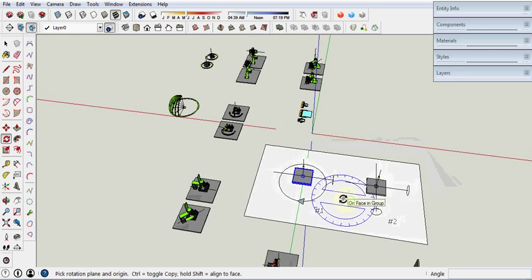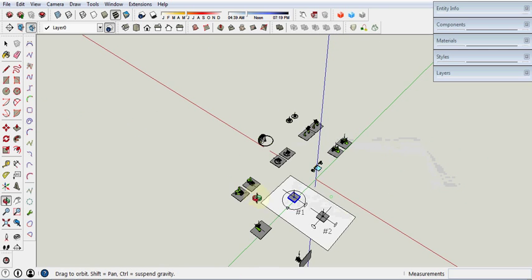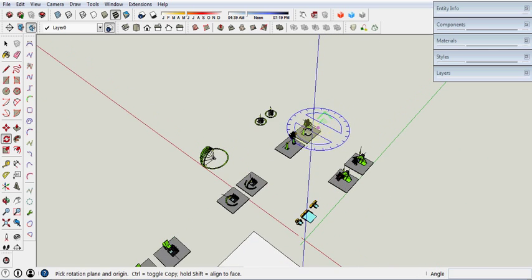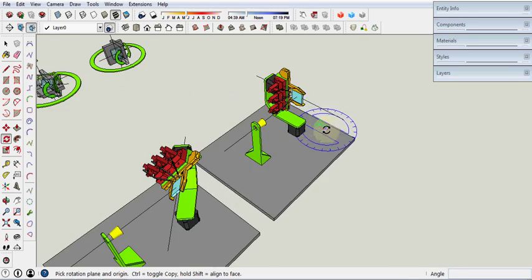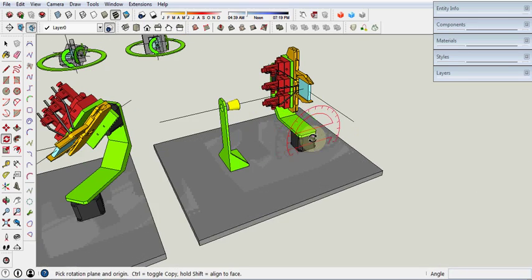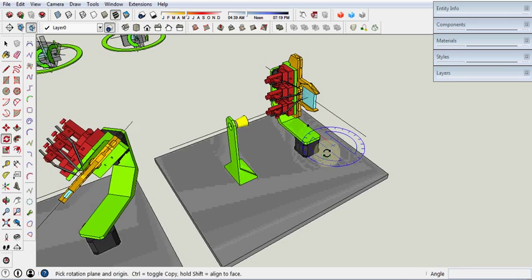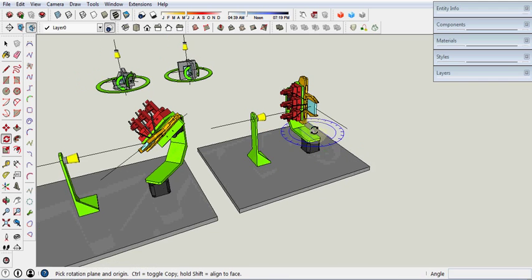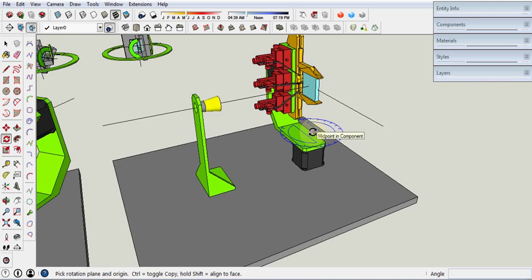Okay, so the story is that this configuration was chosen by the client, and it required that, I'm sorry, just let me go back in time.